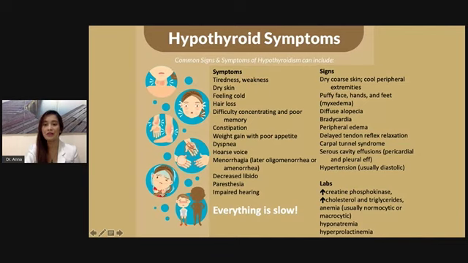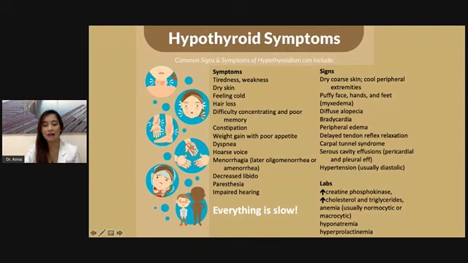Some patients will manifest with pericardial or even pleural effusion from very, very chronic hypothyroidism. And these patients can also have hypertension. Usually it's a diastolic kind. So diastolic hypertension for a hypothyroid patient. On the other hand, in patients with hyperthyroidism, they usually have systolic hypertension.